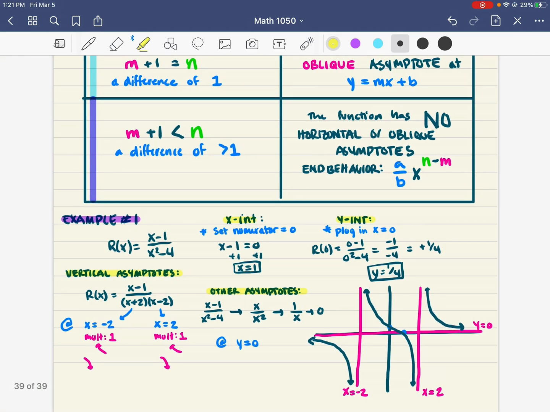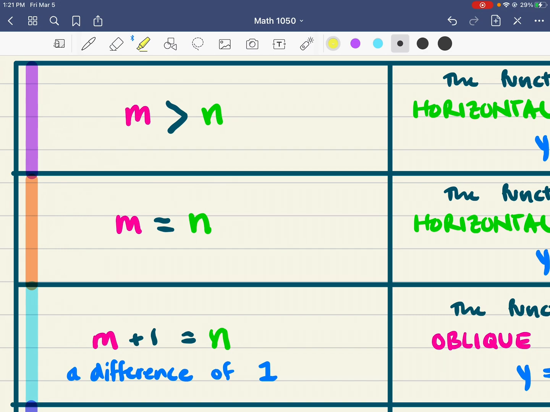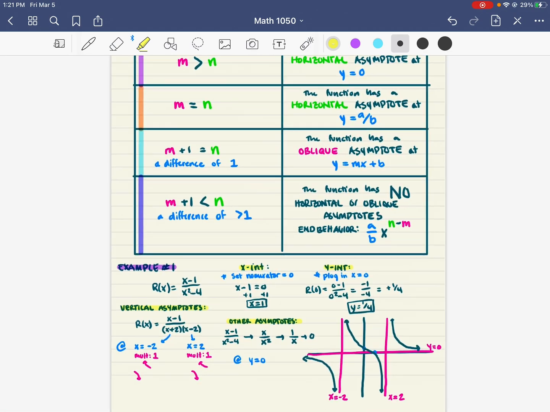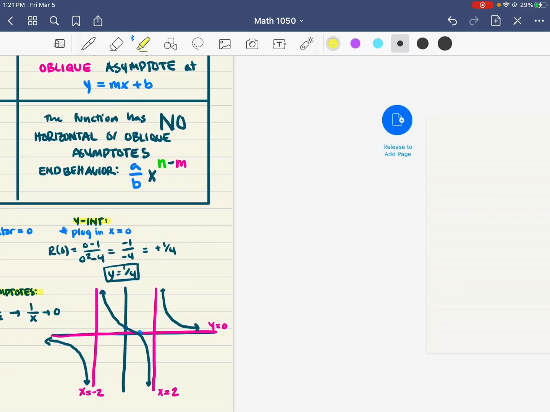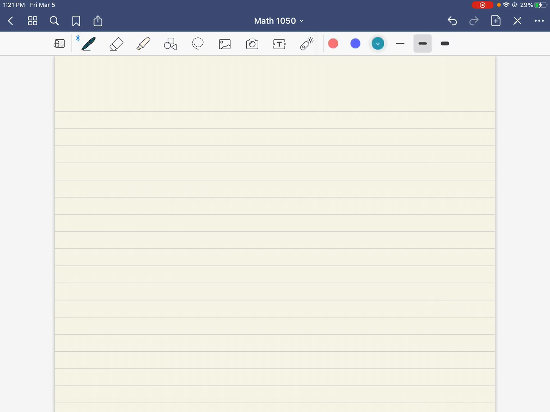I'm now going to do an example of this second kind that I highlighted in orange, where m and n are equal, meaning the degrees of the top and the bottom are the same. So I'm just going to make myself a template so that I don't have to write this much.